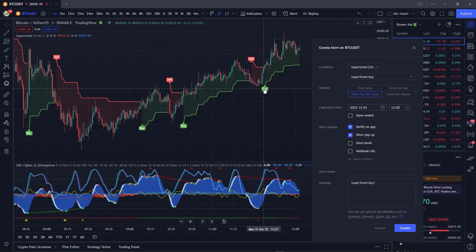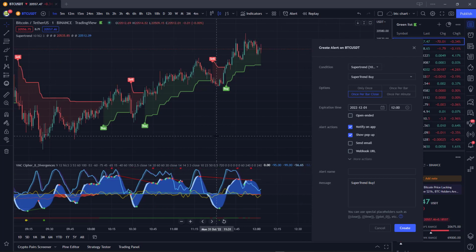Alright, so bar close would mean it sends a signal just after. So the next candle starts printing or painting, and if that buy signal is still there, alright, send a message to your Cryptohopper to buy Bitcoin now. And if you remember, it's not going to tell Cryptohopper how much Bitcoin.